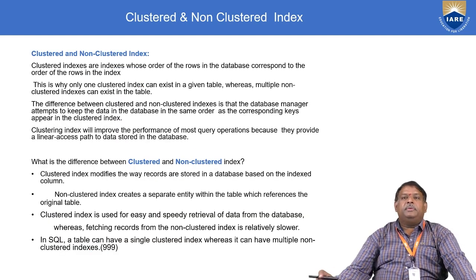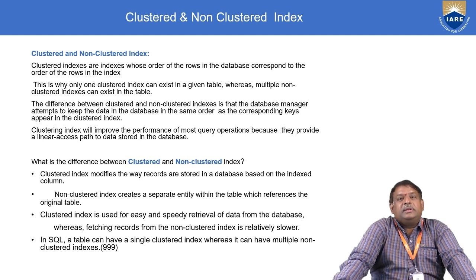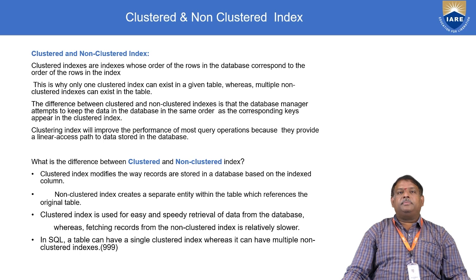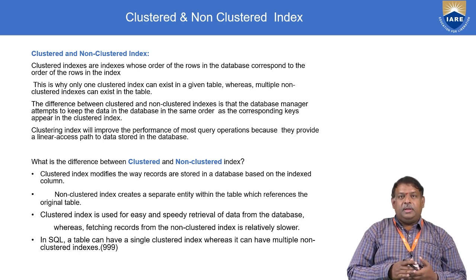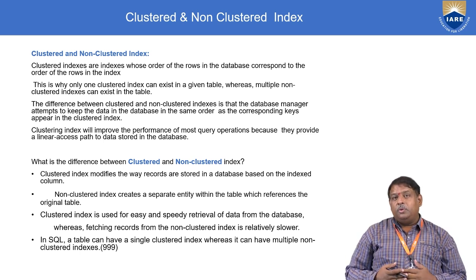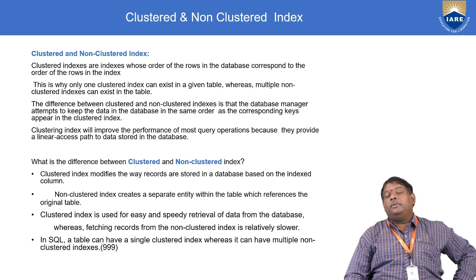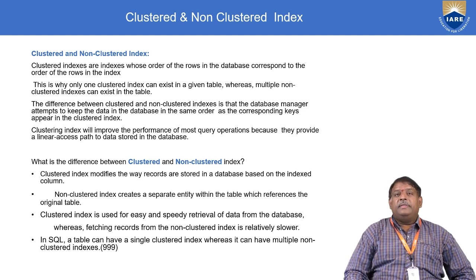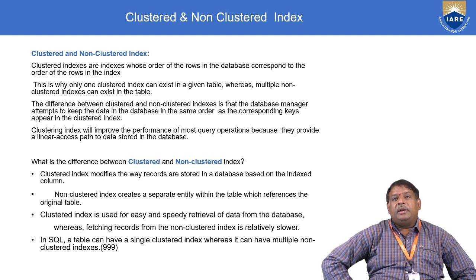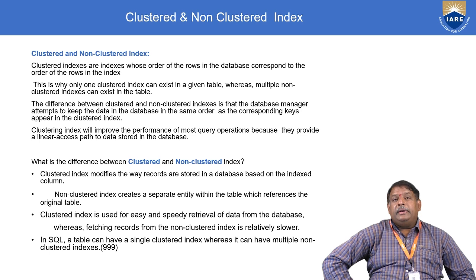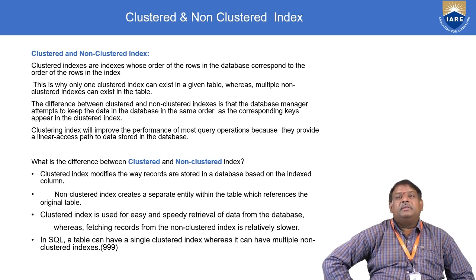Now we will see the difference between clustered and non-clustered indexes. Clustered indexes are indexes whose order of the rows in the database corresponds to the order of the rows in the index. That is why only one clustered index can exist on a given table, whereas multiple non-clustered indexes can exist on the table.